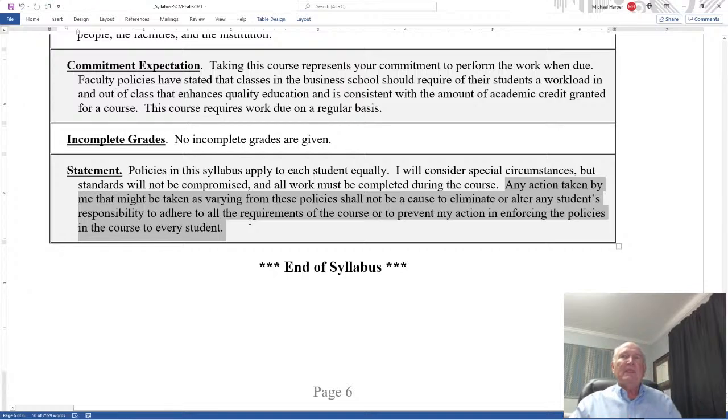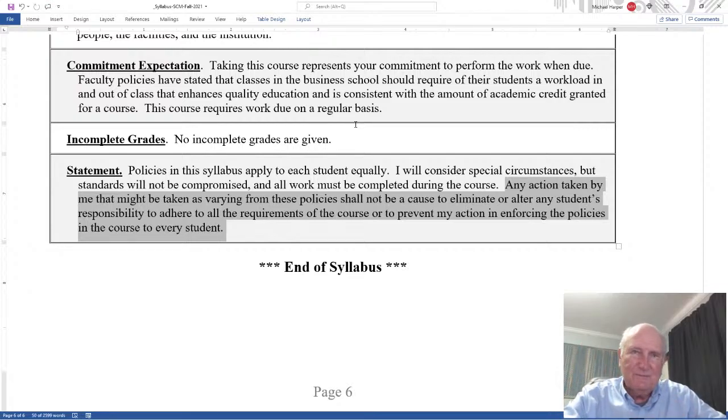In other words, just because I help someone else out, for example, let's go back to the same example, I receive it by email, okay, that's fine. I received it, I'll count it. But everybody in the class should not now be saying, oh, we're not submitting through Canvas anymore, everybody's doing it with email. No, don't do that. That's not what that was meant for. It was a special circumstance, and I helped that one person out.